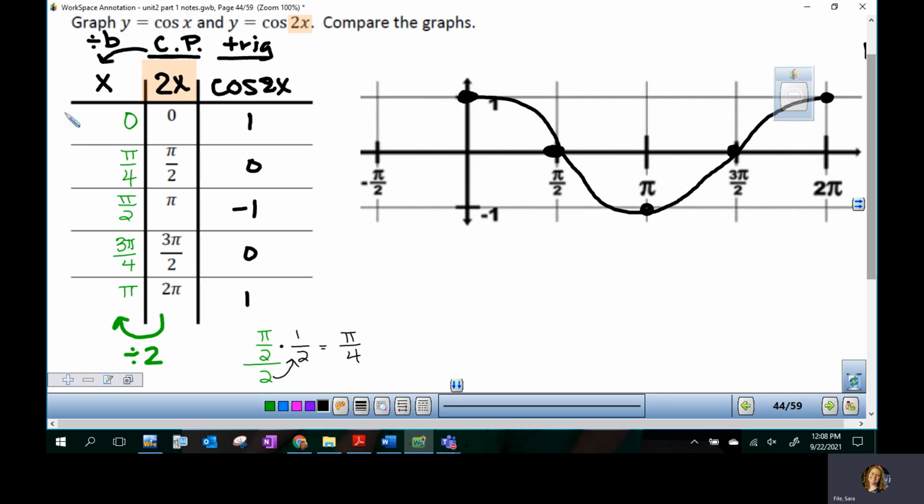So I could rewrite this as 0 pi fourths. This is already 1 pi fourth. To change this to a fourth, I'd have to multiply the numerator by 2, so 2 pi fourths. This is already a fourth, it's 3 pi fourths.